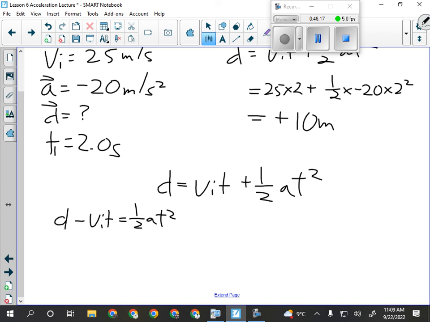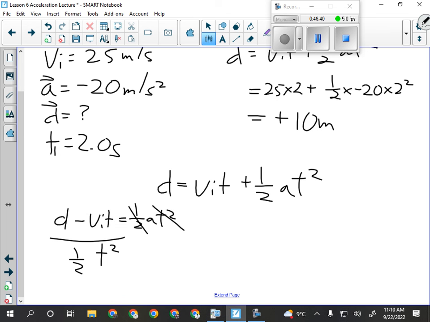Now, divide by t squared, and what else? And 1/2. Now I'm solving for a. Just algebra, right? We haven't had to flex our algebra muscles very much yet. Now we have to. Oh, I guess not, because of order of operations.